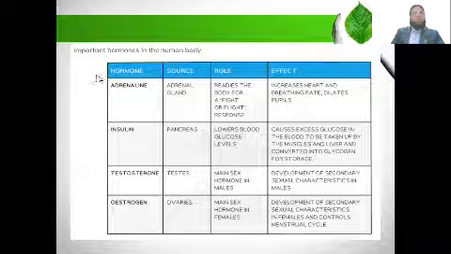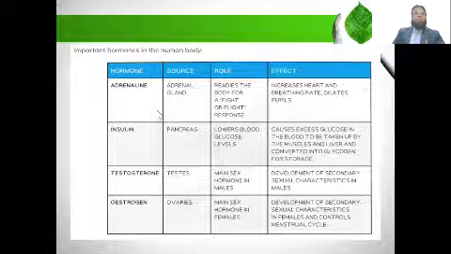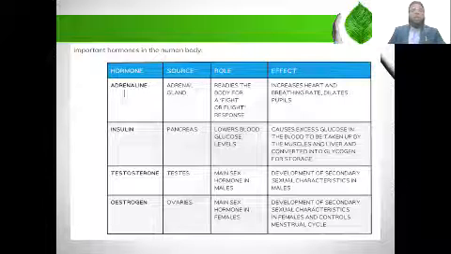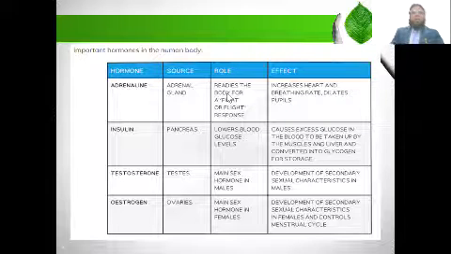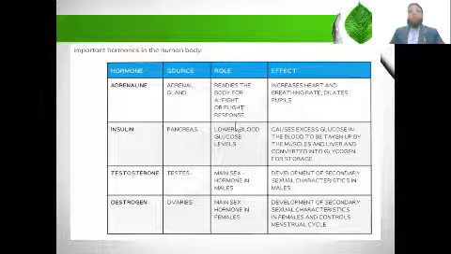Now see here, this is important: hormones are specifically found in humans. For example, adrenaline. Adrenaline is secreted from the adrenal glands. And what is its role? It readies the body for the fight or flight response.